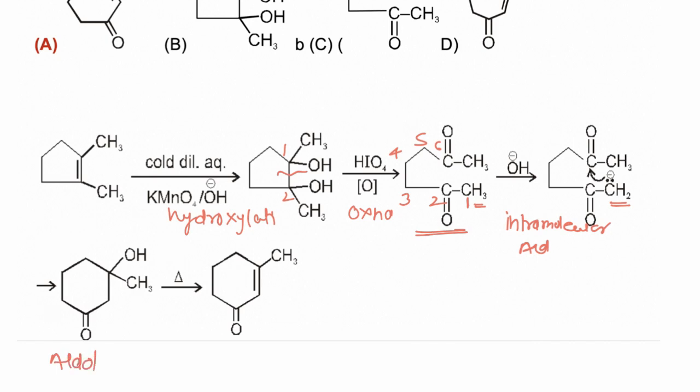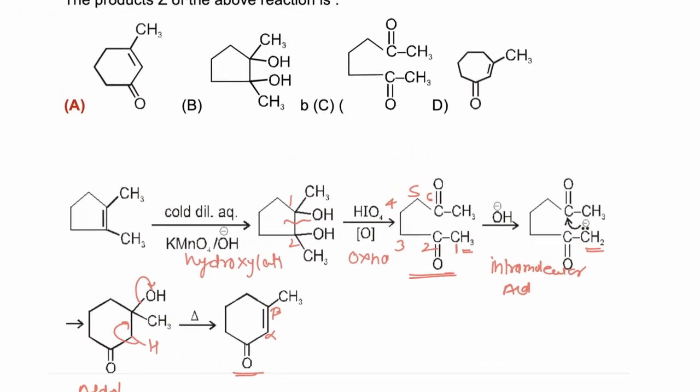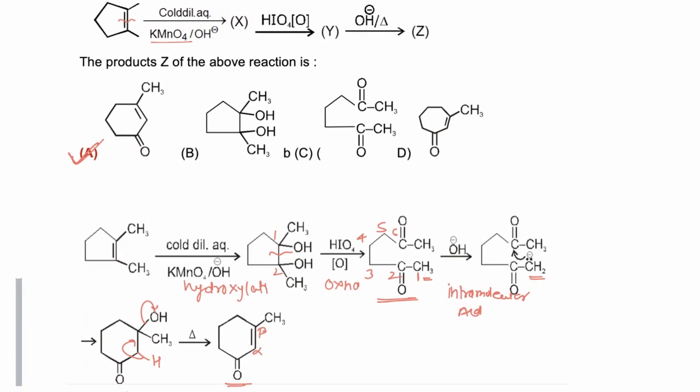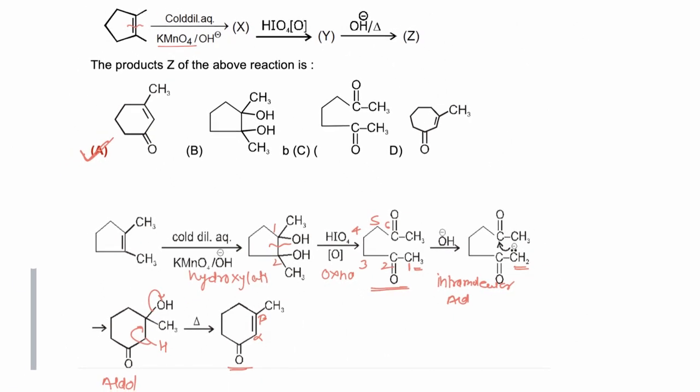Now the aldol on heating eliminates hydrogen from its beta position in such a way that an alpha beta unsaturated carbonyl compound is formed. So after aldol condensation, we will get an alpha beta unsaturated aldehyde. So the product given in option A is the correct answer and hence the correct answer is A.